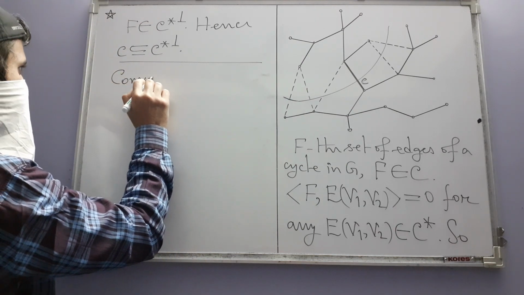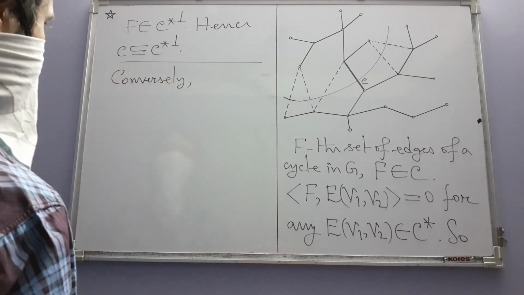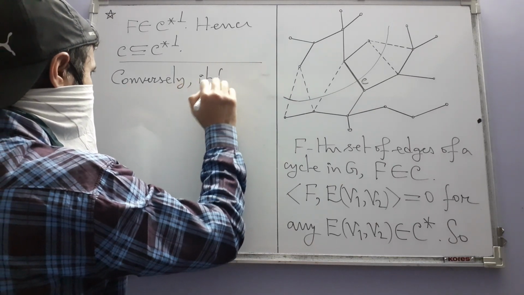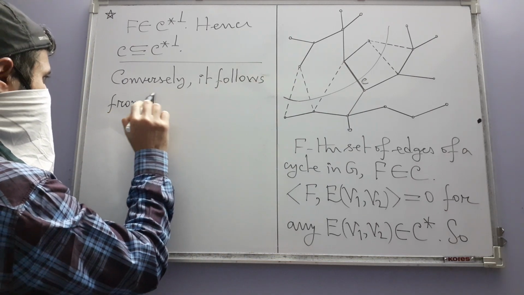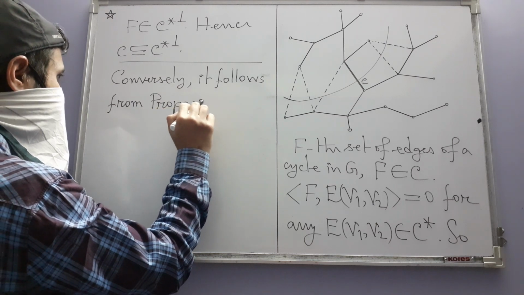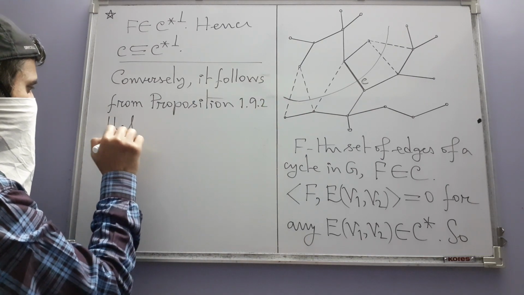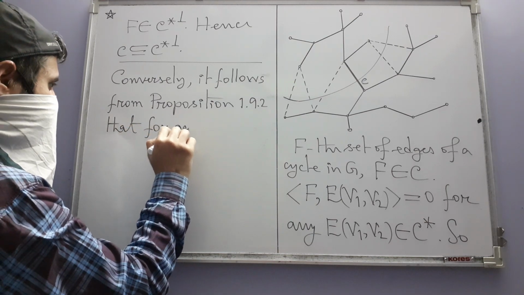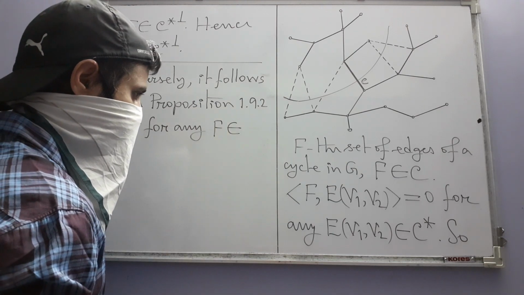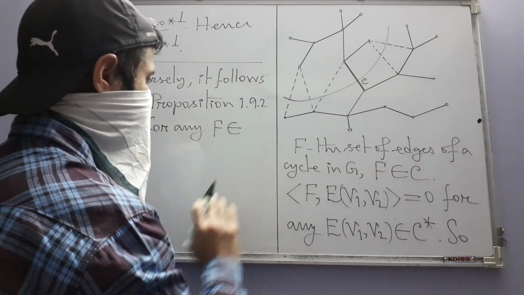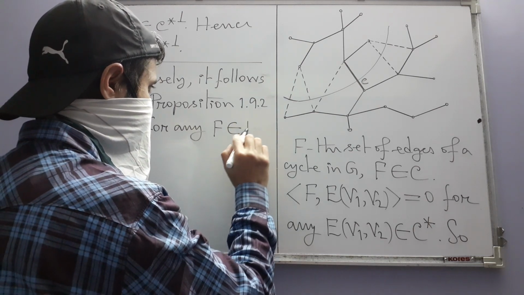Conversely, then the author writes, conversely, it follows from proposition 192 that for any set of edges not in C — well, if I just simply write not in C, that will look a little odd.